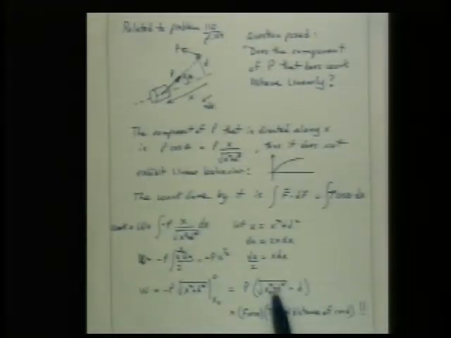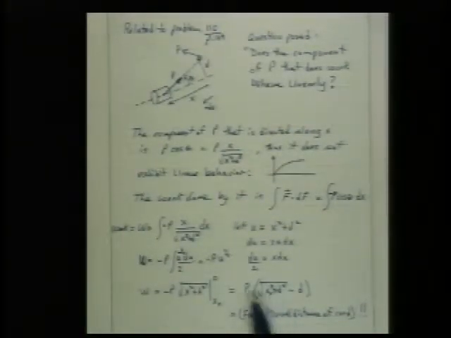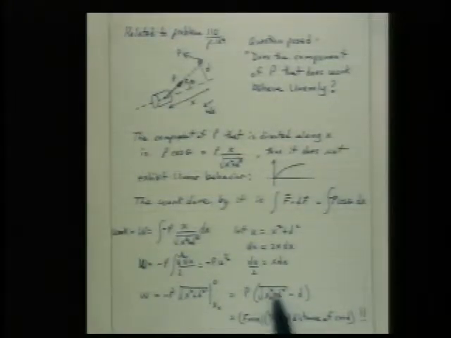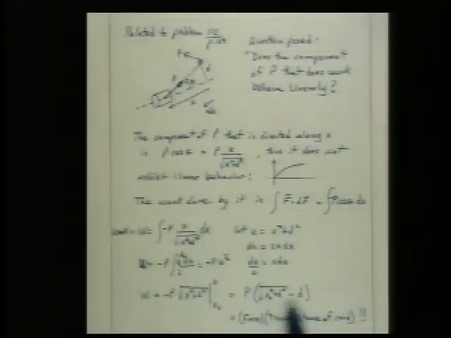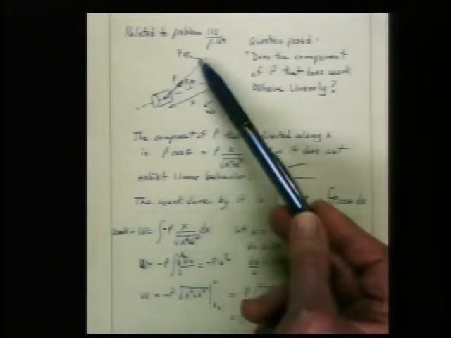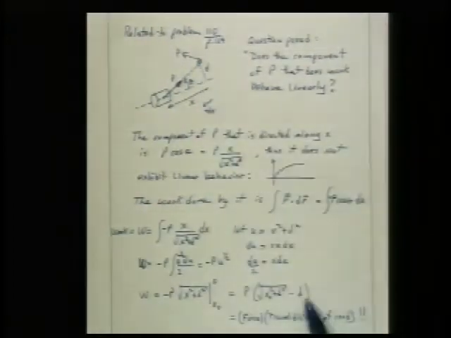And you clearly can look at this and see that this is the force acting times the distance. This was the original geometric length of that diagonal length of cable, and then we subtract off that distance. So it's the change in the length of the cable, which was this minus this.